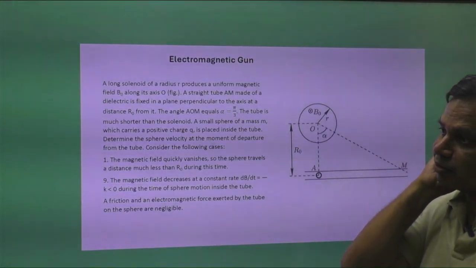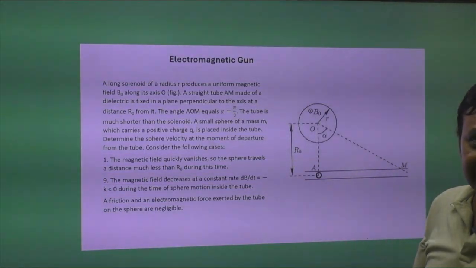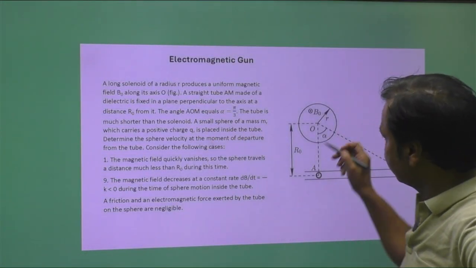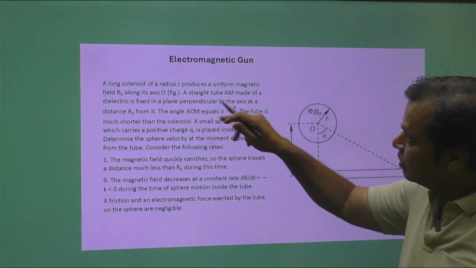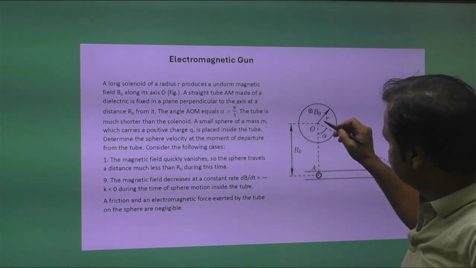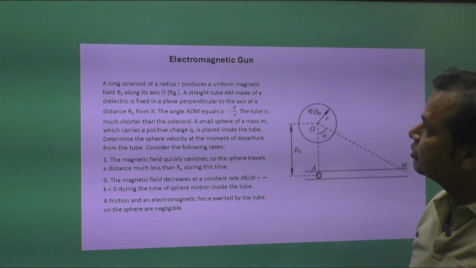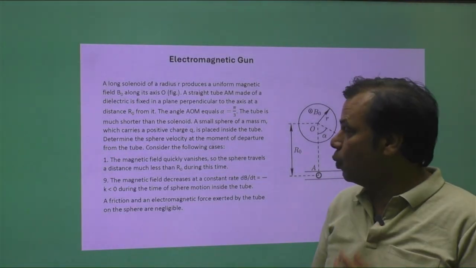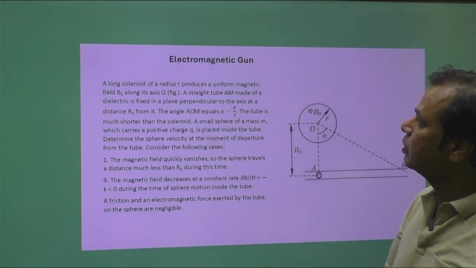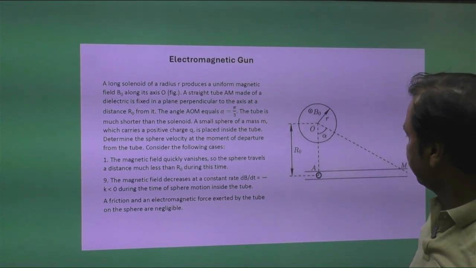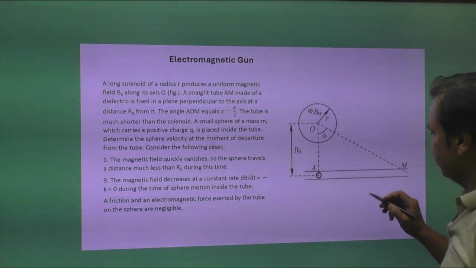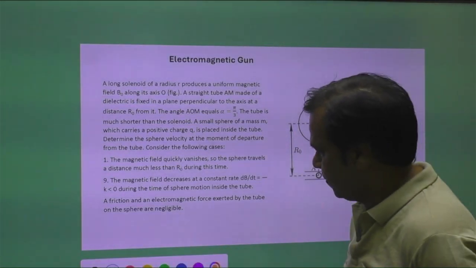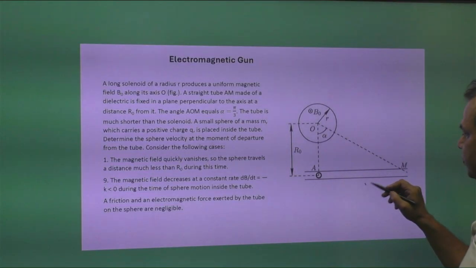Electromagnetic gun. I should have written it missiles, but it's a gun. A long solenoid of radius r produces a uniform magnetic field B naught along its axis O, passing through a straight tube AM.